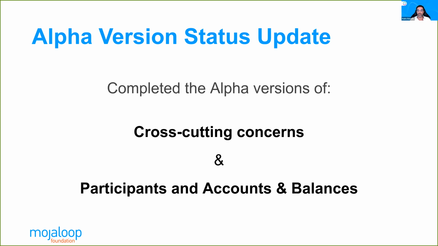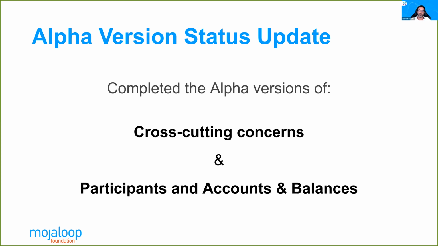For the past 2 PIs we've been developing, we don't have a lot of resources, but we've been focusing on getting the cross-cutting concerns and the participants and accounts and balances parts of the vNext functionality working in alpha version. What we consider an alpha version is essentially minimum use cases with no concerns for being able to run in production. So we don't have production execution concerns.